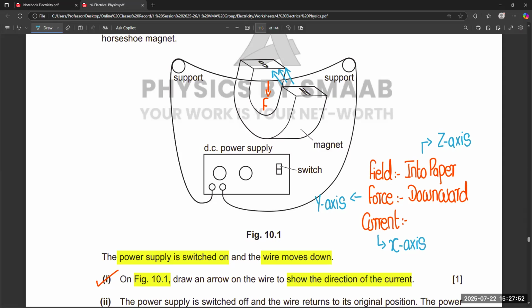So again, consider the left hand rule. First finger into the paper and the direction of thumb downward. When you open up the second finger, the second finger shows you the direction of current, and that direction of current is towards the left hand side. So this is the direction of current if you use the concept of the left hand rule.